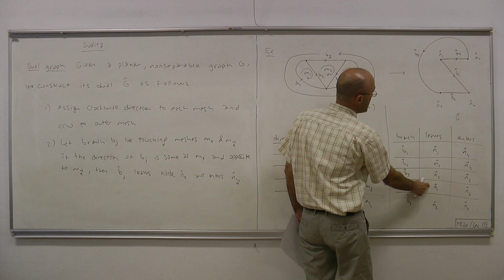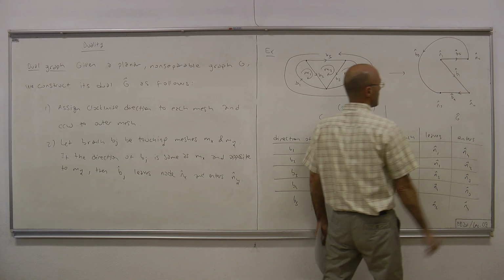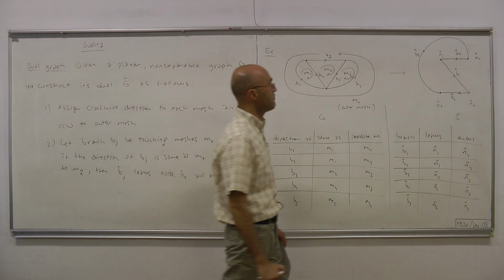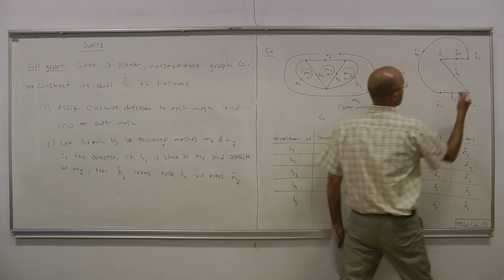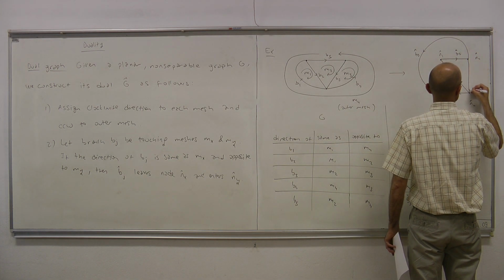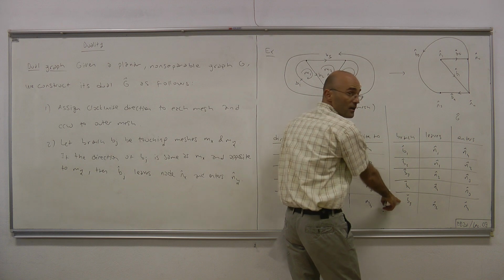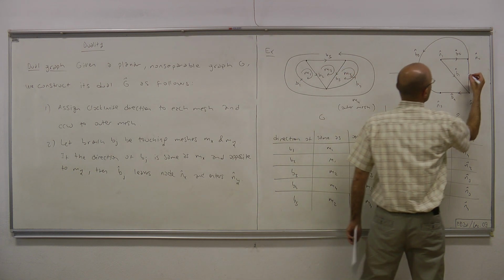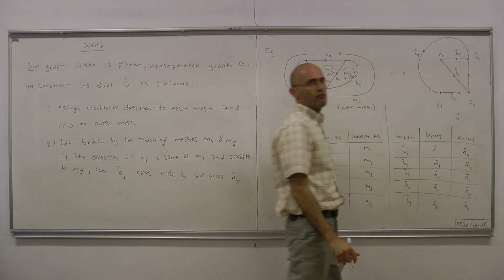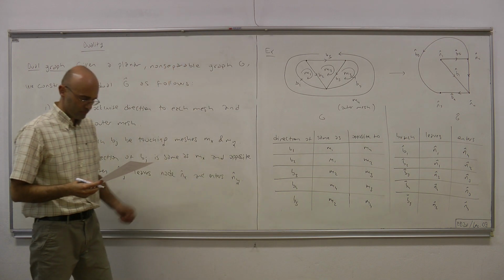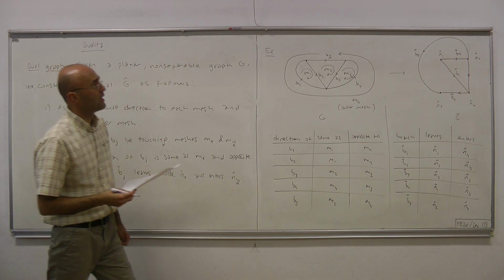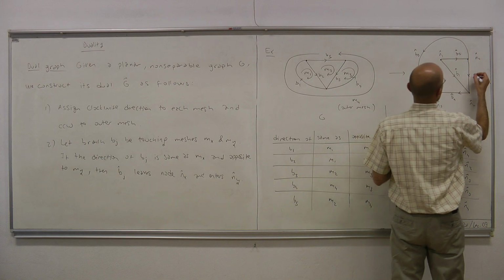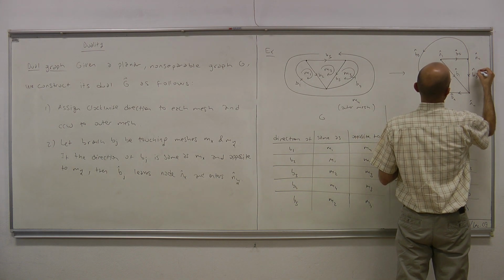How about its direction? It leaves N4 and enters N3. And finally, B5 is between N2 and N4. Okay. Its direction is it leaves N2 and enters N4. Okay, it's very simple. That's our B5 hat.